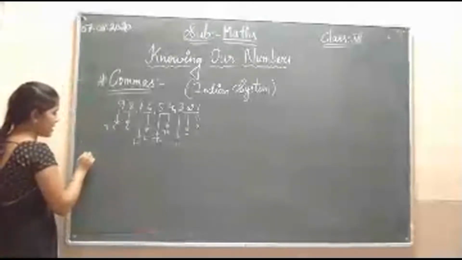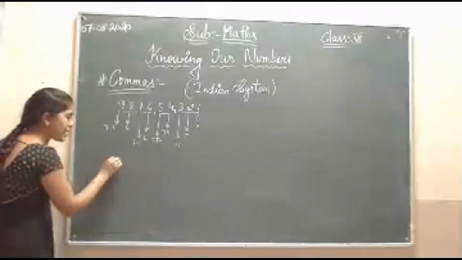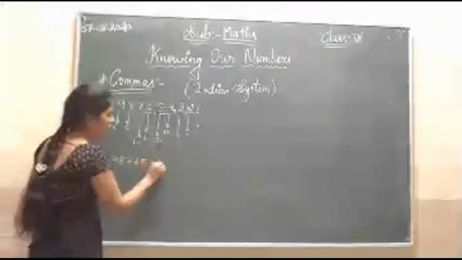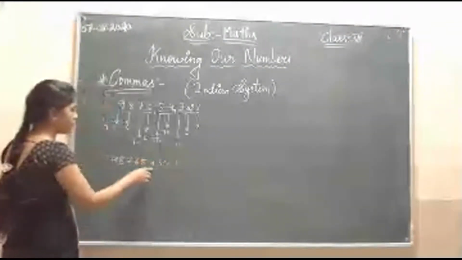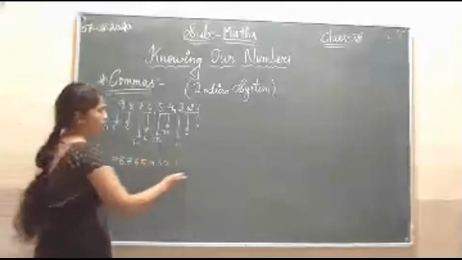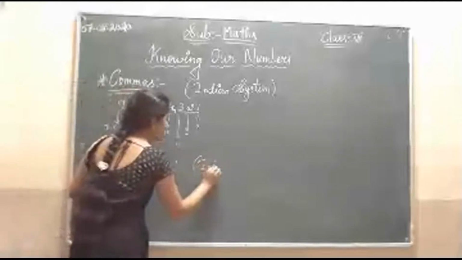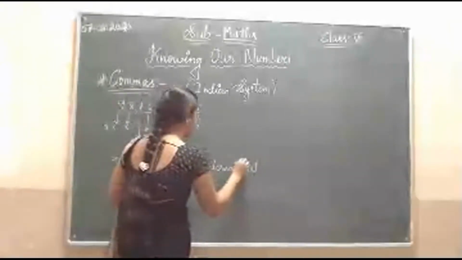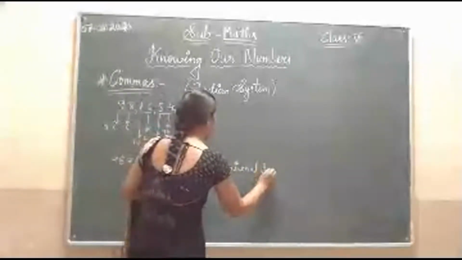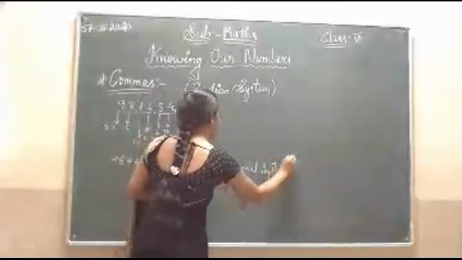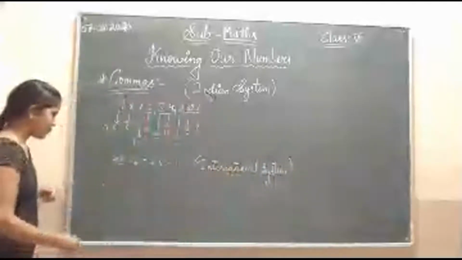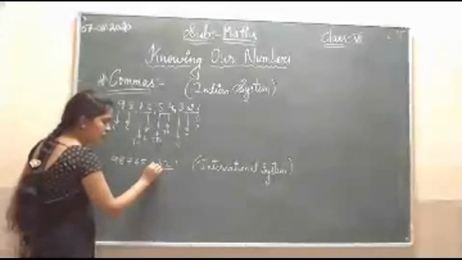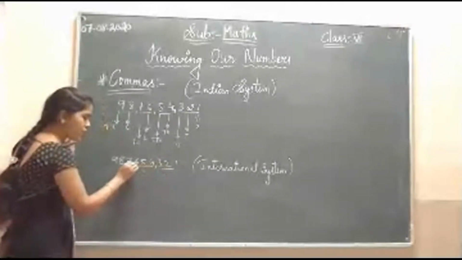Next, in the international system, see here, take the same number: 9, 8, 7, 6, 5, 4, 3, 2, 1. In the international system, 3 numbers, then a comma, 3 numbers, then a comma, 3 numbers.